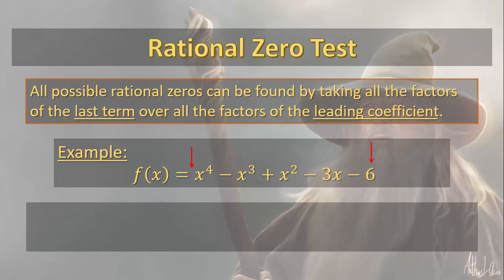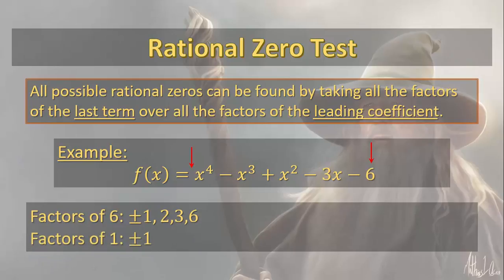So to find our list of possibilities, we take all the factors of 6 over all the factors of 1. I left them in fractional form, but you can see that 1 over 1 is 1, 2 over 1 is 2, and so on.